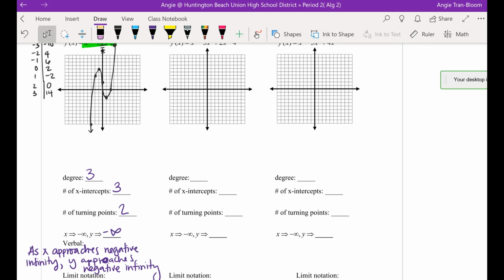That's right. So if x is approaching like negative 1,000, where would y be? Somewhere really, really low. That's what this right here means. This whole symbol, x arrow negative infinity and then y arrow negative infinity, is the verbal representation of that. Do you guys agree? That's why we're spelling it out, because it's so new to us, okay?